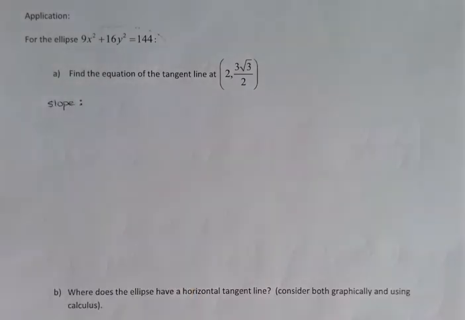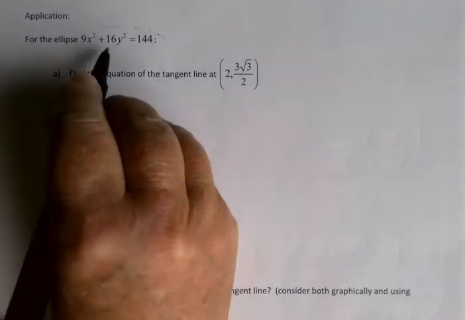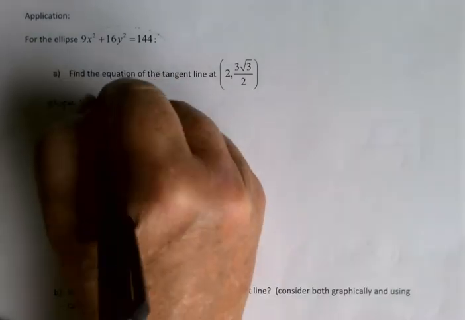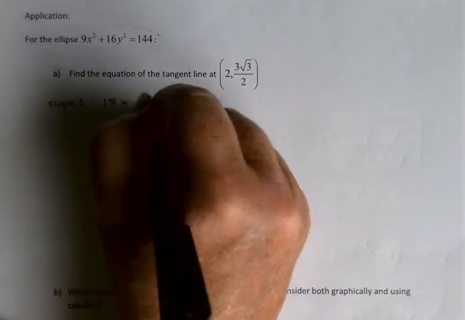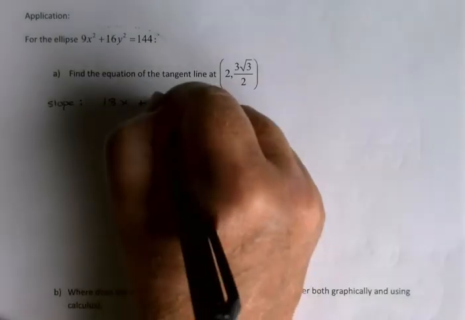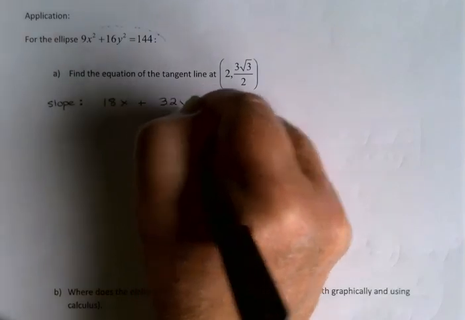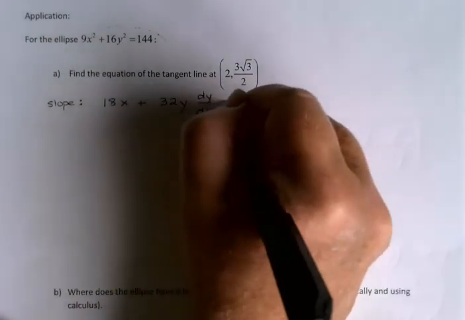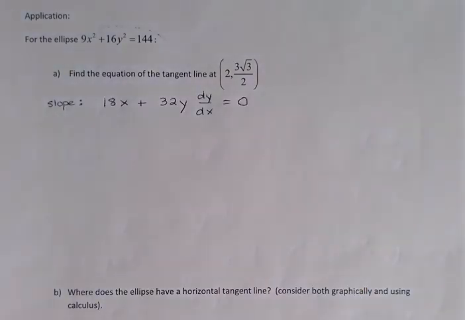To find the slope of the tangent line, I need dy/dx. And to get dy/dx, I'm going to do an implicit derivative. So the derivative would be 18x plus 32y times dy/dx for the chain rule piece equals 0.